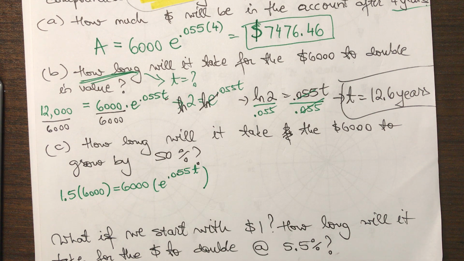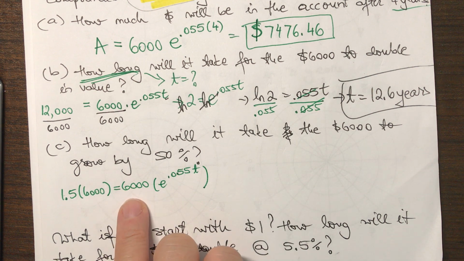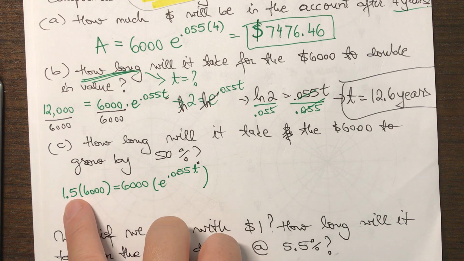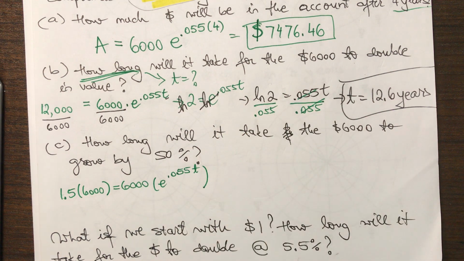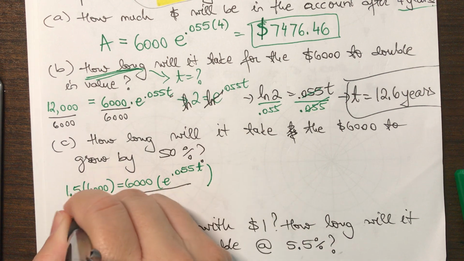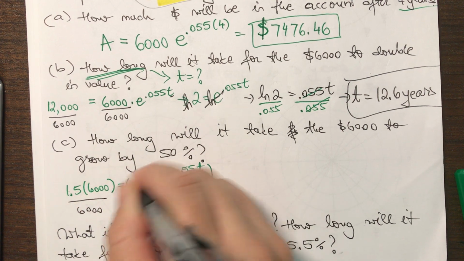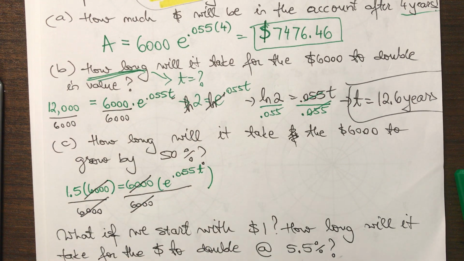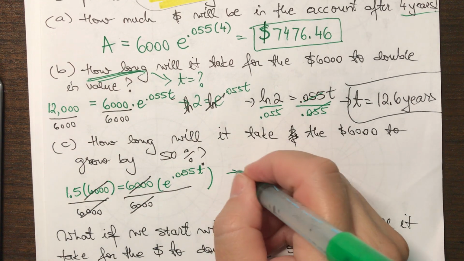The amount of time will be the same. So by 50%, by half of what it was, right? So by means to add. 50% of 6,000 is just half of it, 3,000. So you add another 3,000, which is 6,000 and a half of it, so of course, 9,000. The next step is to divide both sides by 6,000, and this guy's going to go away, and you will be left with just the 1.5.